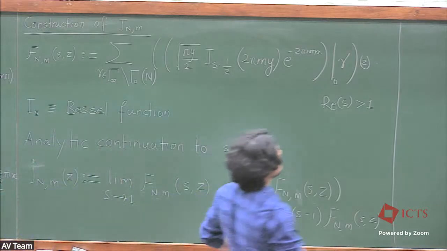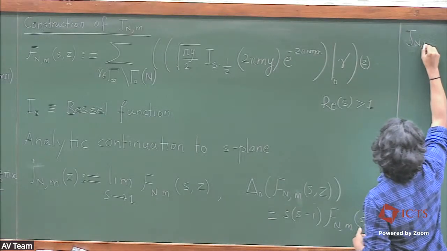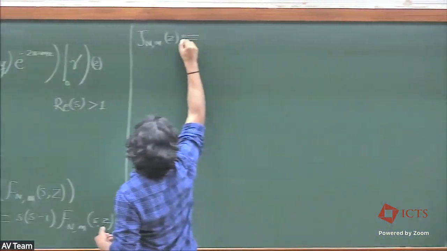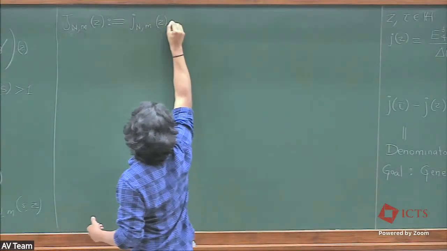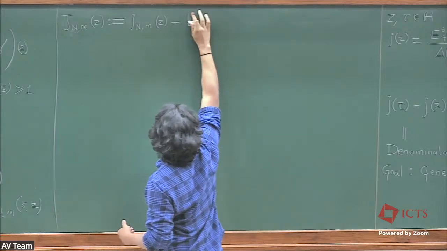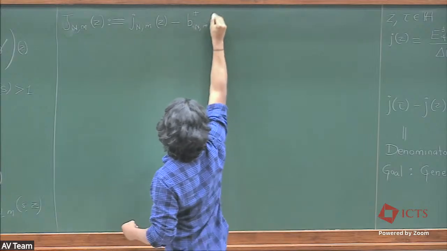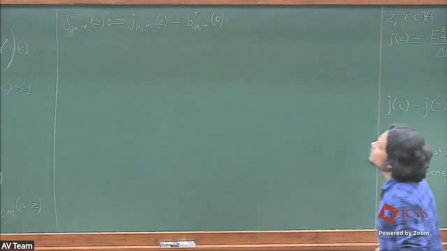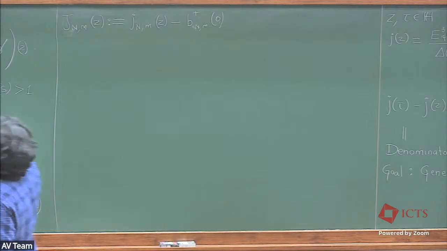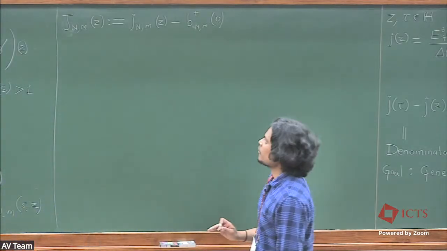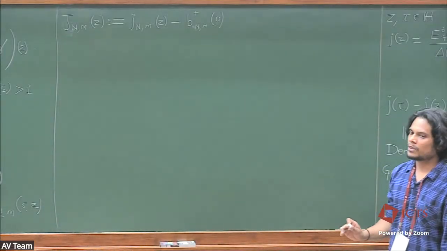This has an expansion. Before that, we can define this function, where b plus n m0 is just the constant term in the Fourier expansion of this function. So we have just removed the constant term. Now we have constructed this family of functions which are harmonic mass forms of weight 0.